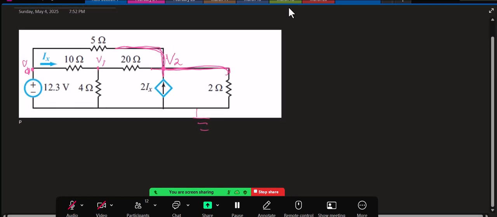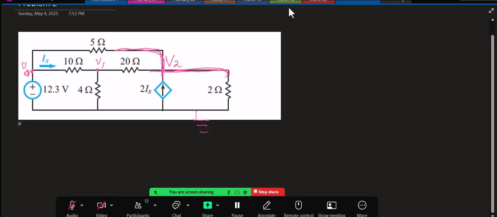I'm going to call it just 12.3, because I know it has to be 12.3 because the other side of it is ground. And I've found that that is something a lot of Circuits 1 students are a little confused about: how to read the voltage source, what it actually means.